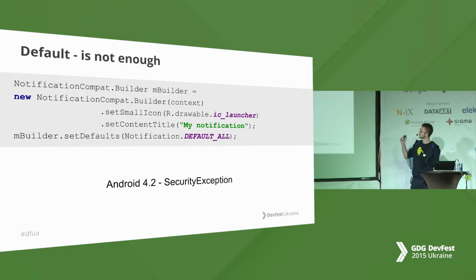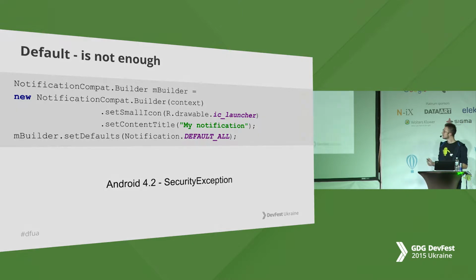So that's probably not the best idea. And there is no good solution for that. You just wrap the builder with a try-catch block, and if there is an exception, you set default only for lights and sound, probably without vibration, because otherwise you would need to declare a vibration permission in the manifest, and most users will be like, what is your app doing with vibration?